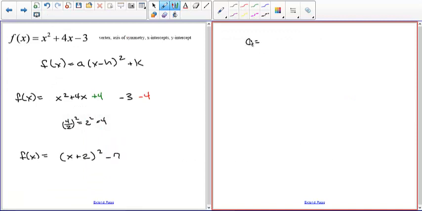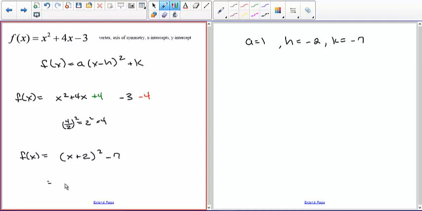What we have is a equals 1, h equals -2, and k equals -7. Now remember, this is x minus h, so x plus 2 is the same as x minus -2. And now you can see that h is -2 and k is -7.